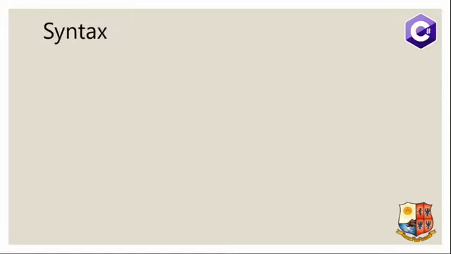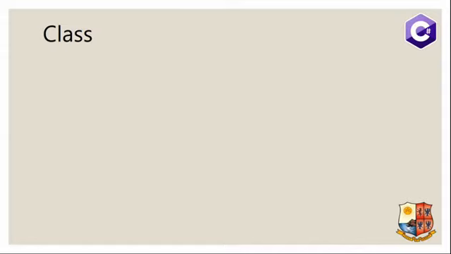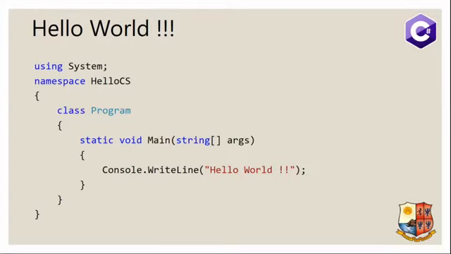I want you to tell me where is the command line argument. In this program, the one which you have written, do you have command line arguments? In main, yes, it is there: String args. That args is a short form of arguments.